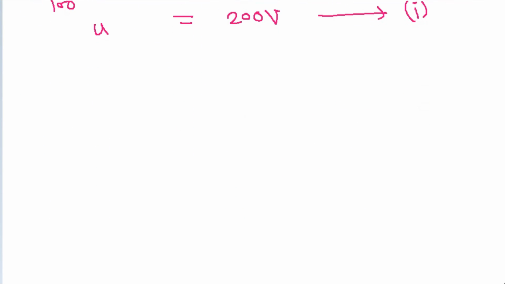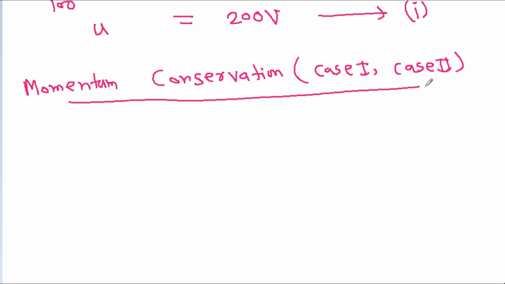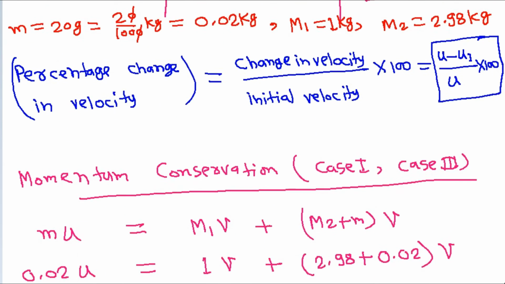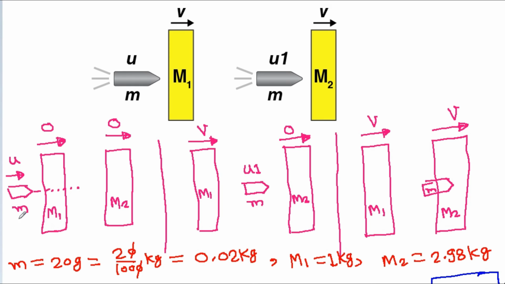And we can also use momentum conservation in case 1 and case 2. Here in case 1, the small m is moving with velocity u, and in case 2, m1 is moving with velocity v and m is moving with velocity u1.